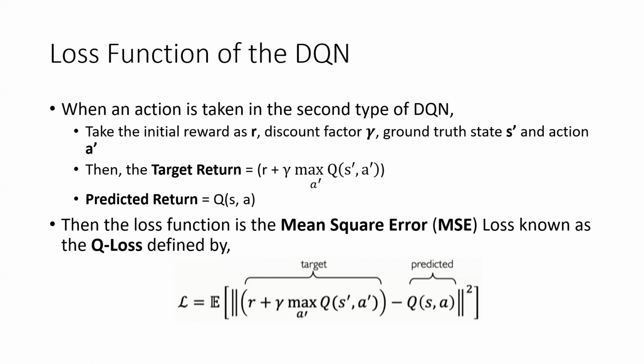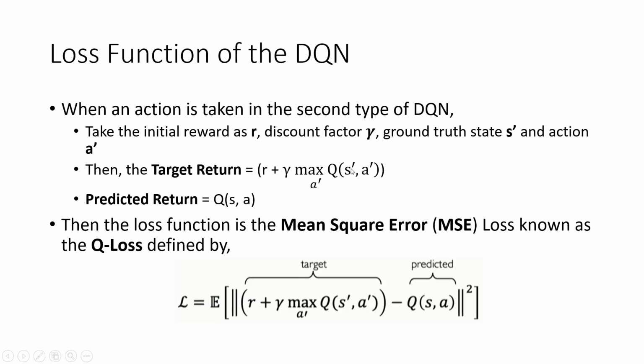So those are represented by S apostrophe, right, and A apostrophe, right. So let's say S dash and A dash, right. So that target return is given by the Q value of this particular ground truth state and the ground truth action.